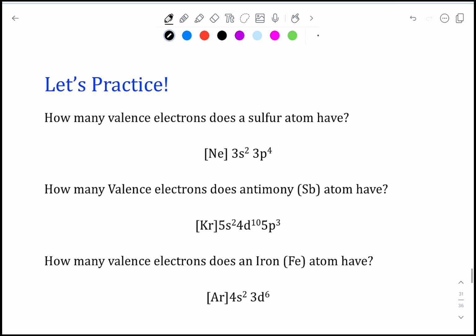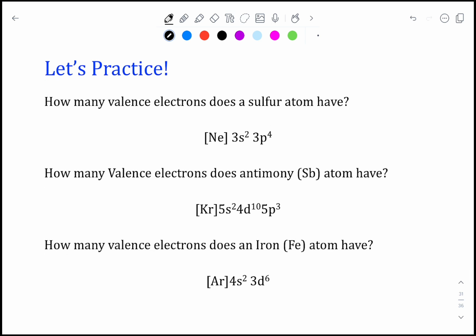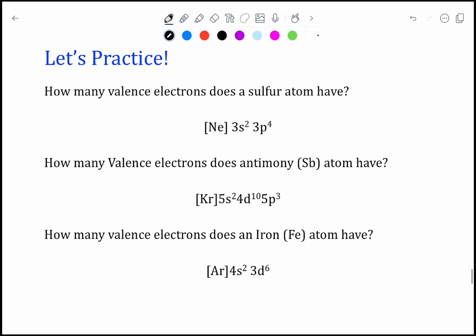These were the 3 examples we did before with our noble gas configurations. Let's figure out how many valence electrons each of these have. And feel free to look at your own periodic table and look at the group numbers to show that it corresponds to the same thing.